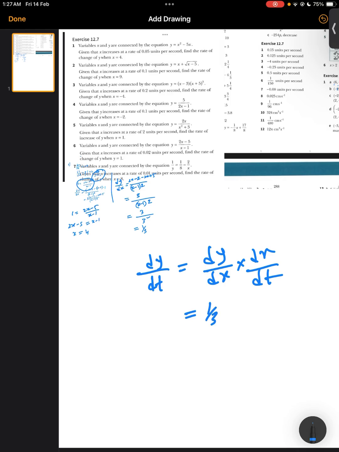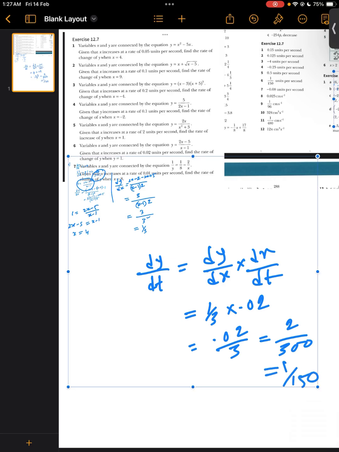Okay, so this is it, and the rate of x increases 0.02. 0.02 divided by 3, 1 by 150. Okay, let's see. 2, 300, so 1 by 150. Yeah, the answer is correct.